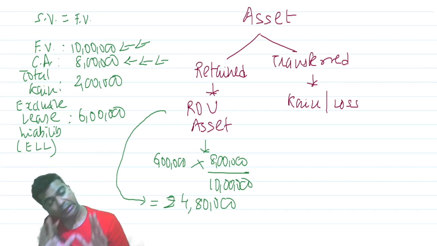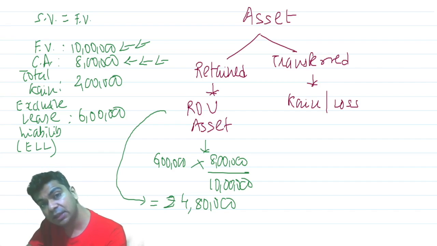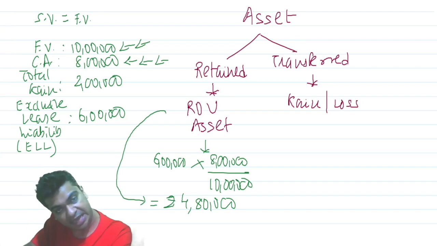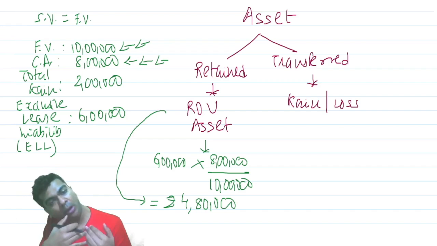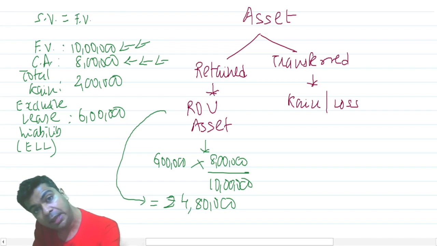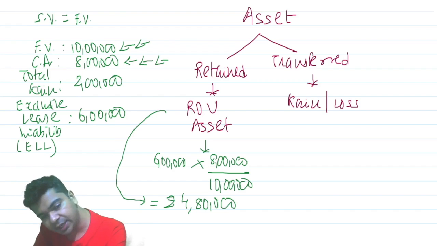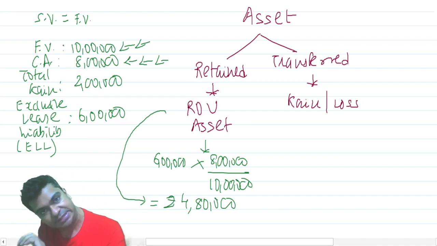Comfortable? It's a sale transaction. Whenever you sell the asset, it has to be de-recognized at the carrying amount. But then asset is obtained back on lease. So now it should be reported as ROU asset. ROU asset, as I said, should be measured at the lease liability. So I'm taking the lease liability as my base, which in our example is 6 lakhs.